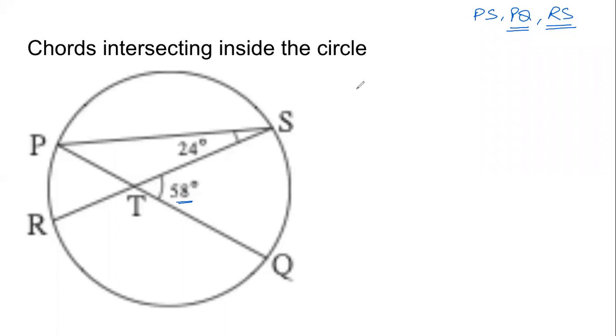Now, if you consider triangle PTS, in this triangle, this angle STQ is the exterior angle. And corresponding to this exterior angle, the two remote interior angles are here and here.